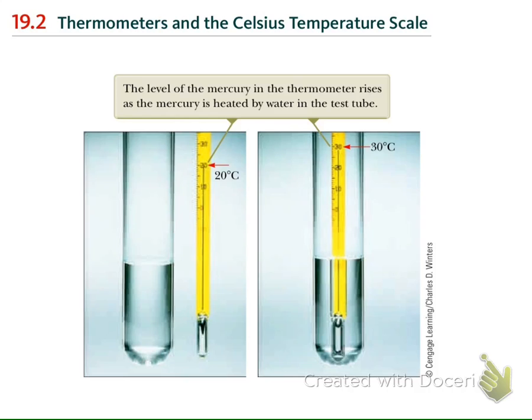You can see on this thermometer we have the scale to indicate the value of the temperature. In this scale, it is a Celsius temperature scale, which may be the most familiar to us when we talk about the temperature.